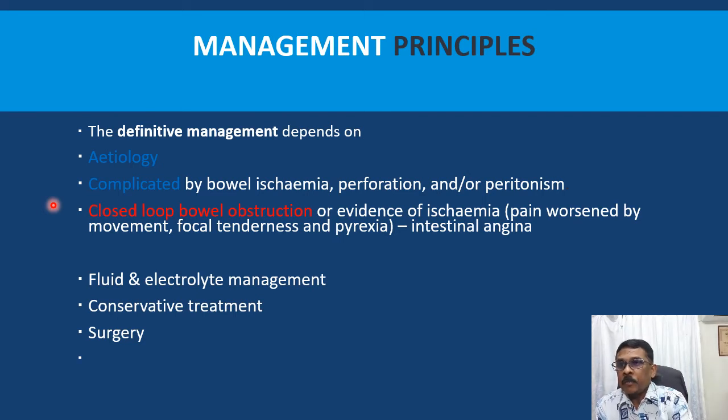Next, other things to consider will be the fluid and electrolyte management, the degree of hypovolemia or dehydration, the degree of fluid loss into the third space, conservative treatment and surgical treatment. So these are the principles of management of intestinal obstruction.